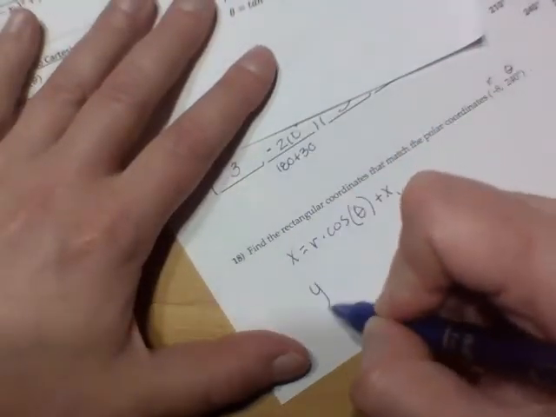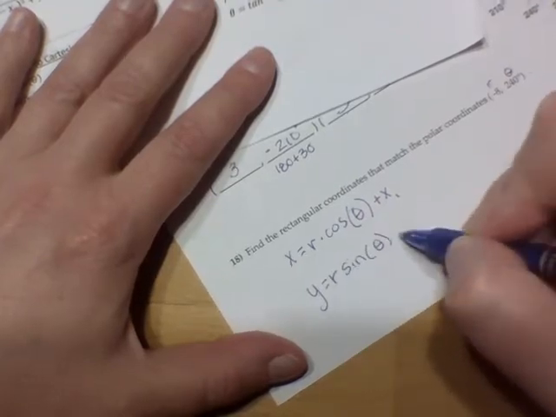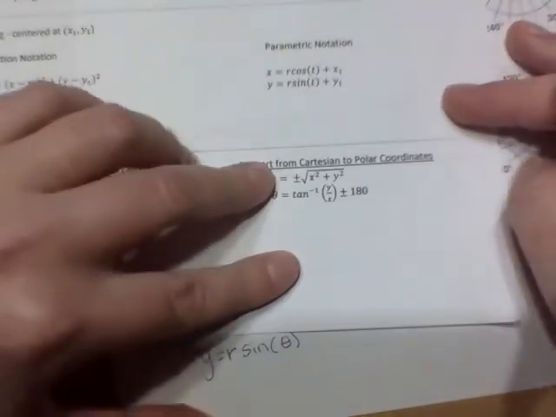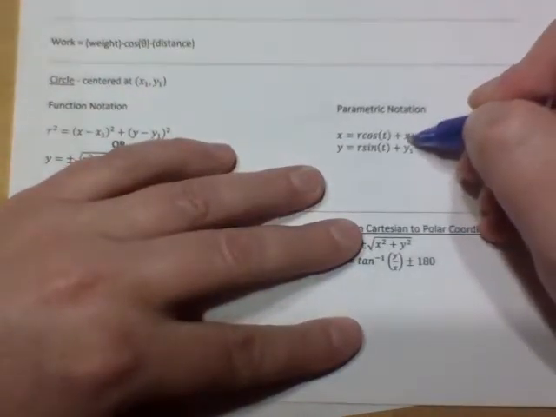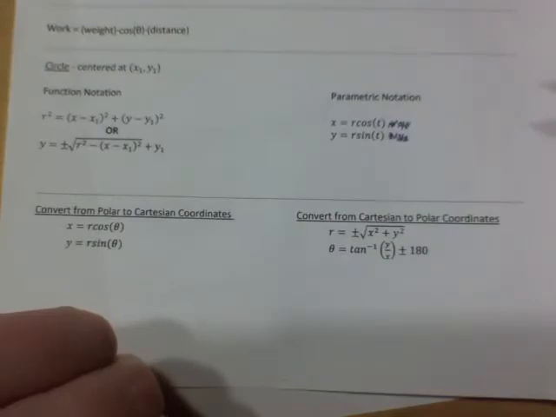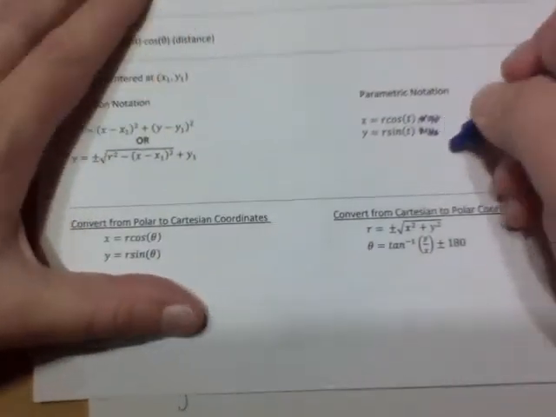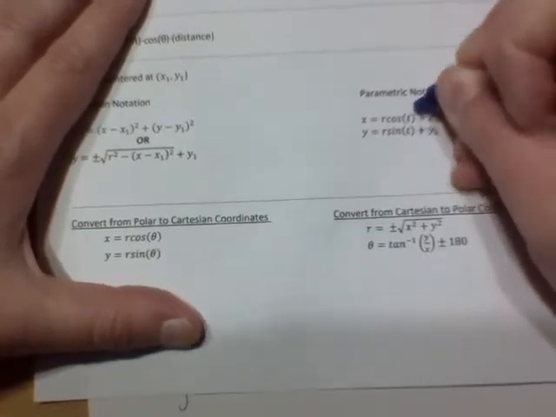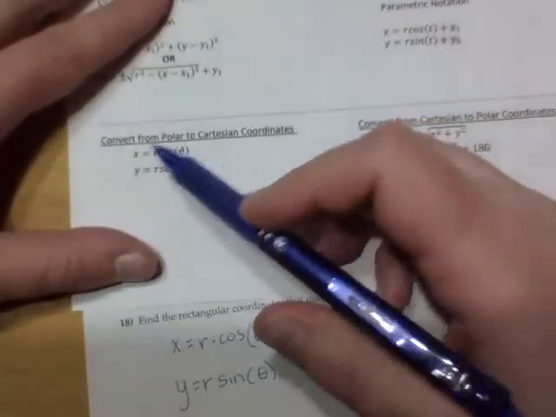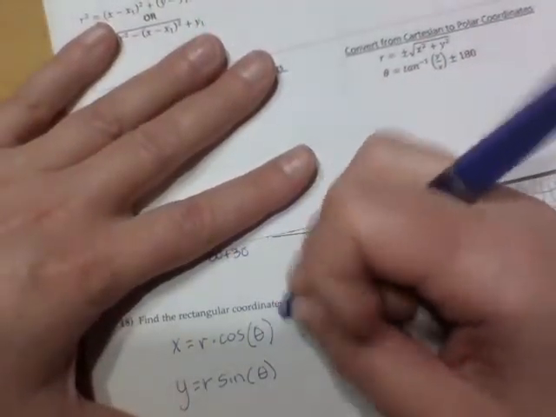And then the y is our sine of theta. Oh, that's a circle equation. Okay, let's look over here. X is our cosine, got it, and y is our sine. Okay, that's that part of it.